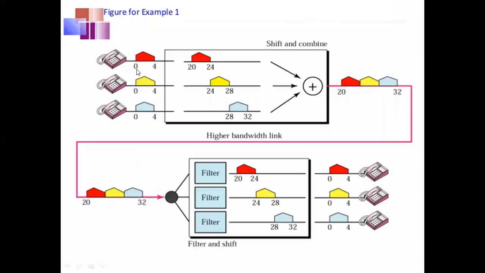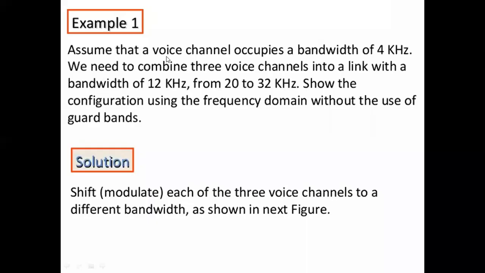The starting point is 20 and 32K is the ending point, so the link bandwidth is 12K, from 20 to 32K. 32 minus 20, what is the value? 12K. Within the 12K, three voice channels are combined, each having a bandwidth of 4K.